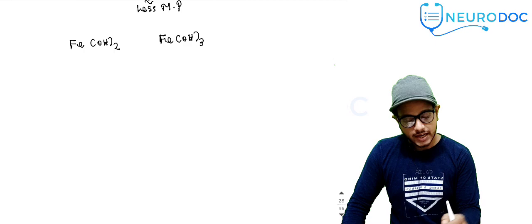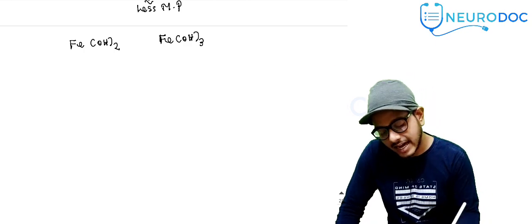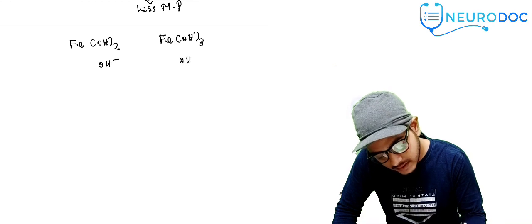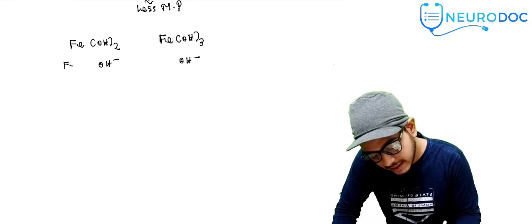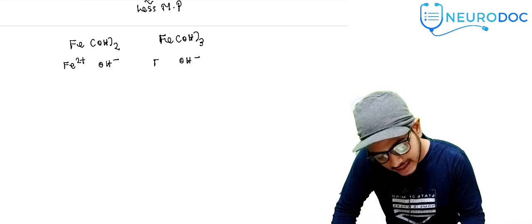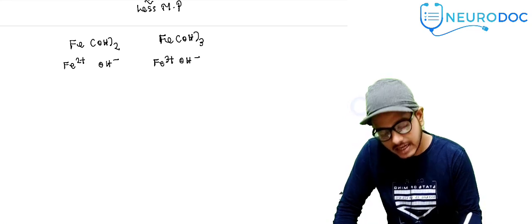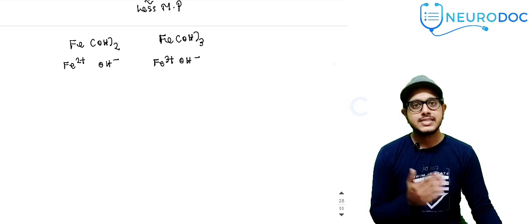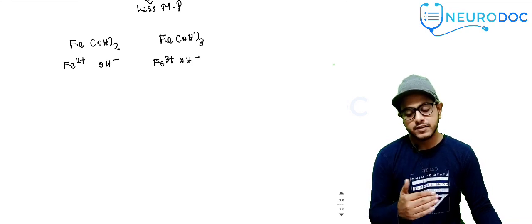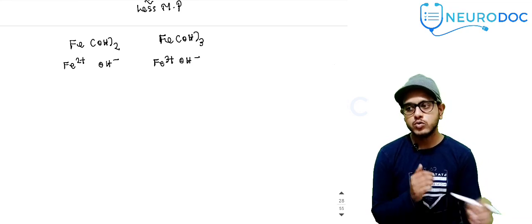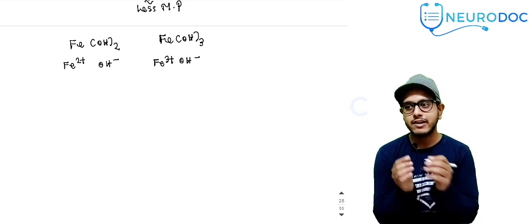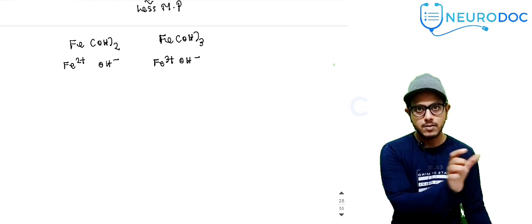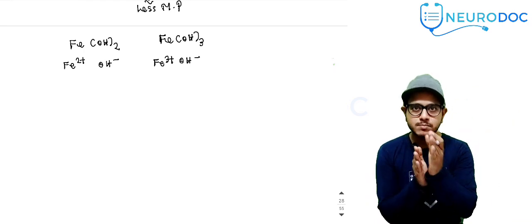In water. Now you see that here the anions are same, OH minus, but the cations are different. Here Fe2+, here Fe3+. Charge more in Fe3+, size also less in Fe3+. You know that for iron, Fe2+, Fe3+, more the positive charge, the size decreases.